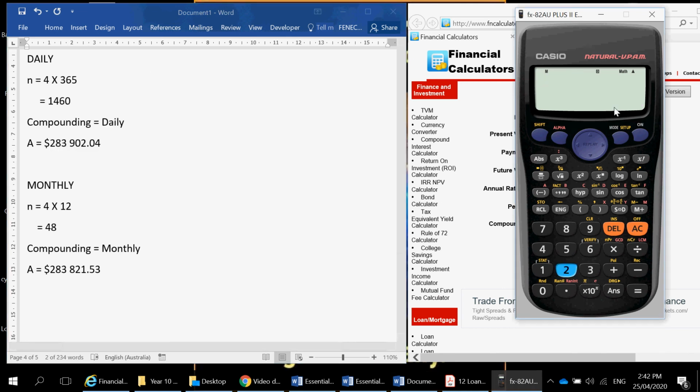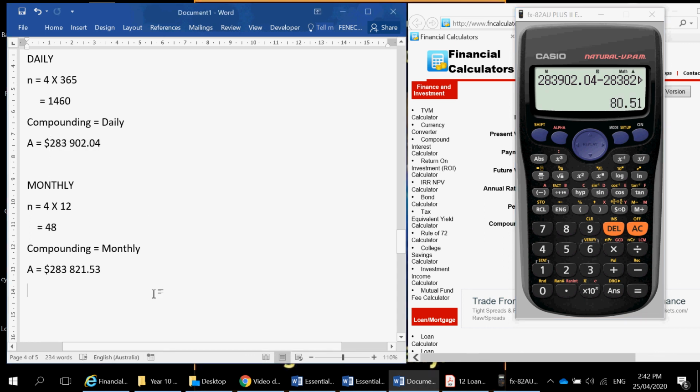No, it won't, will it? 283,902.04 subtract 283,821.53. We could say Lily will make $80.51 more with interest compounding daily rather than monthly.